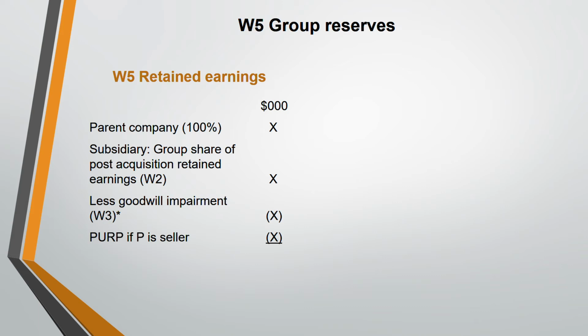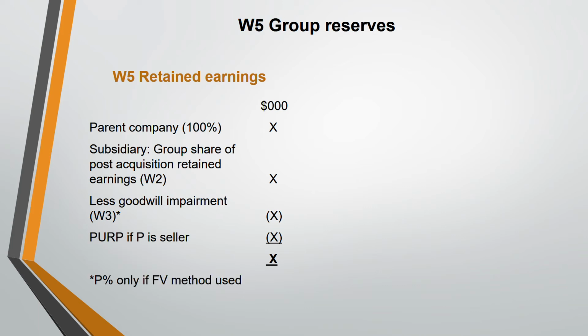That's why under retained earnings, if P is selling, it will be deducted. If S is selling, it will not be deducted from retained earnings, it will be deducted from NCI in your working number 2. So just see who is the seller always when it comes to deduction for provision for unrealized profit, PURP. Finally, this X, the X in bold, will go to the statement of financial position.